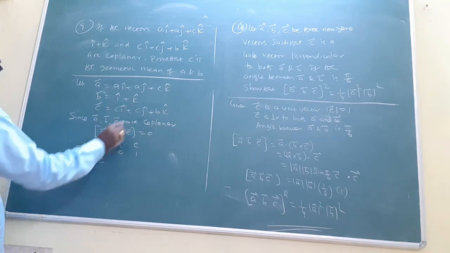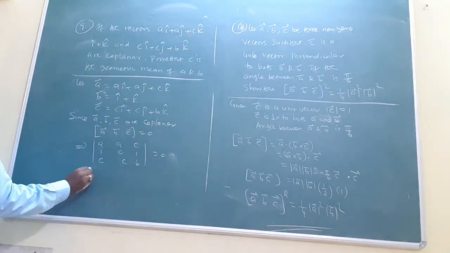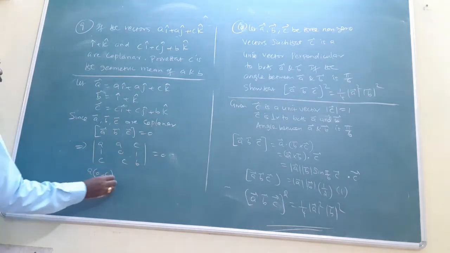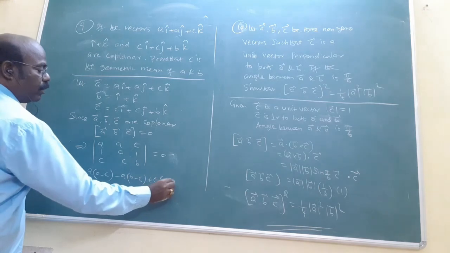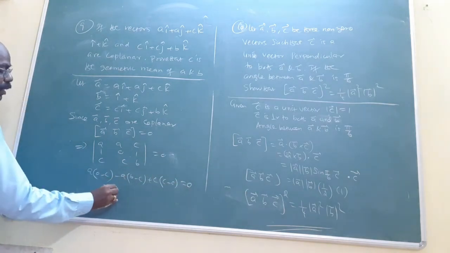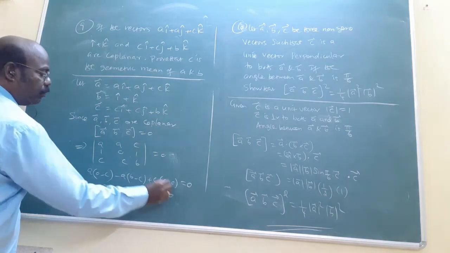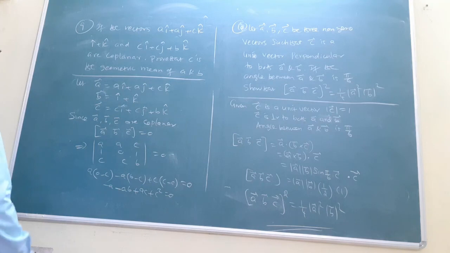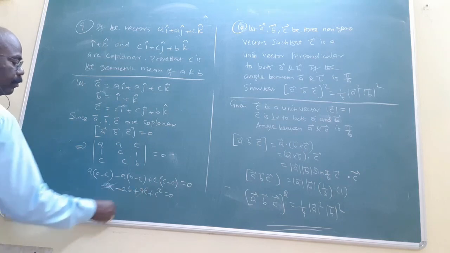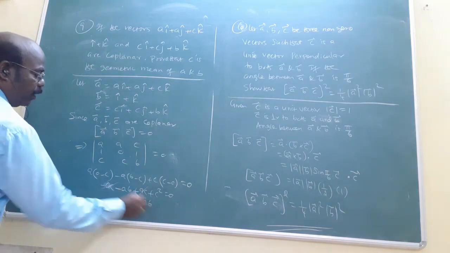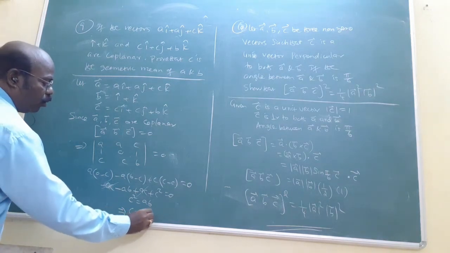Then C, C, B. Now the answer is: A into 0 minus C, minus A into B minus C, and the last is C into C minus B. Now minus AC, minus AB, plus AC, plus C squared equals 0. Minus AC and plus AC cancel. The C squared equals AB. Am I right?